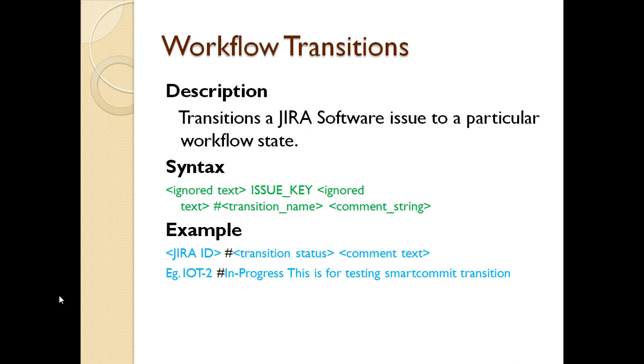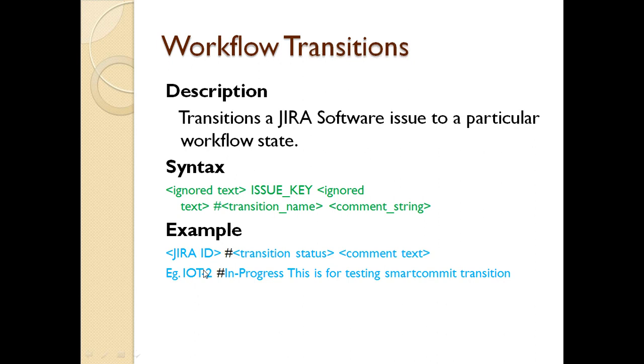Moving on to the workflow transition, basically it transitions the issue to a particular workflow state. Over here the syntax is the issue key, and then hash transition name, and then the comment string. If the workflow status has a space in between, in this case in progress has a space, a hyphen can be used for it.